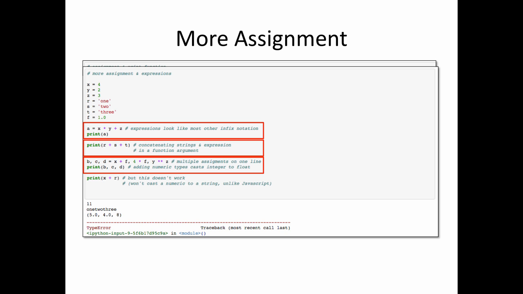One thing to remember is that you can add numbers together or add strings together, but you cannot mix the two. If you use the command print x plus r, remember x is a number, 4, and r is a string, 1. When you add these together, Python is going to give you an error message. That is, it is not going to do an automatic conversion for you.